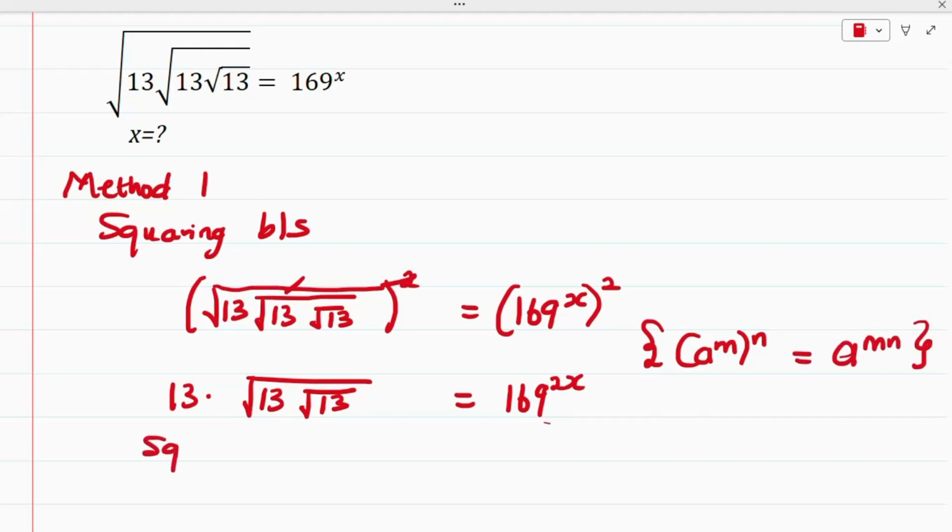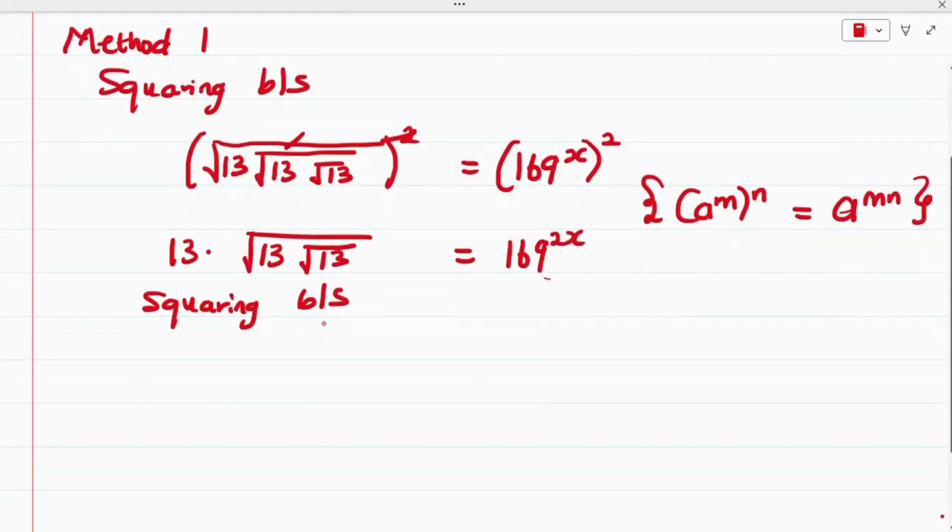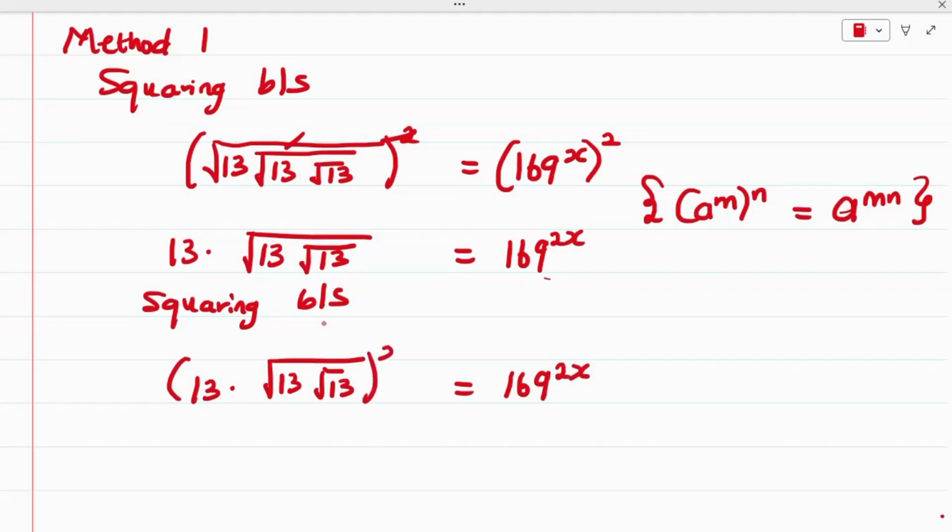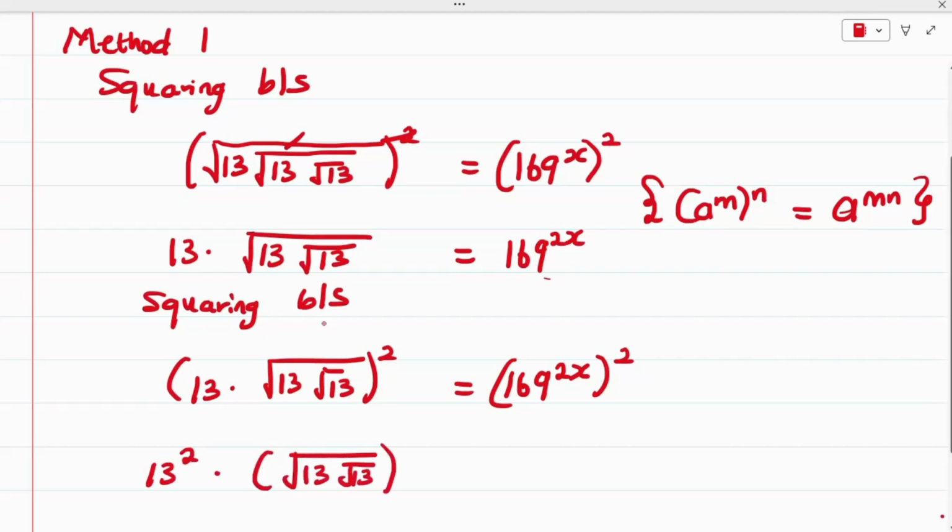At this point, we want to simply square both sides one more time. So we have 13 multiplied by the root of 13 multiplied by the root of 13 is equal to 169 raised to the power of 2x. Squaring both sides, this is going to be 13 raised to the power of 2 multiplied by the root of 13 raised to the power of 2 is equal to 169 raised to the power of 2x raised to the power of 2.